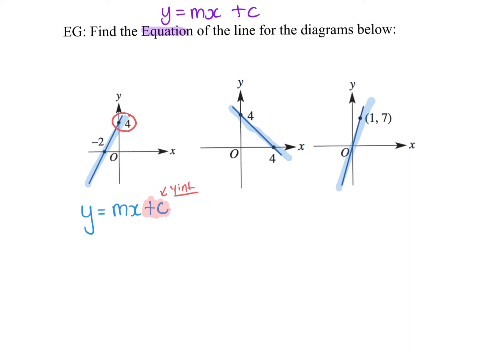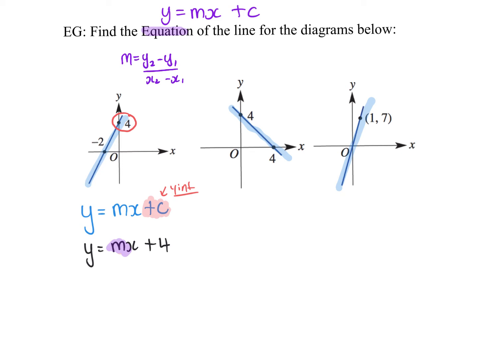At +4. So now I could write this equation, and I know that c is actually 4. The other one I need to work out is m. If you remember, we've got that rule for m where we can use y2 minus y1 over x2 minus x1.